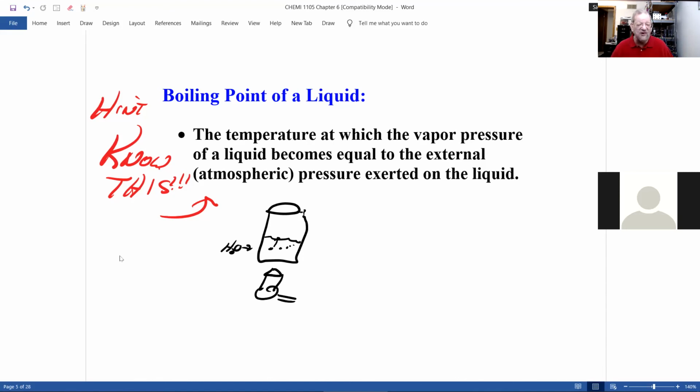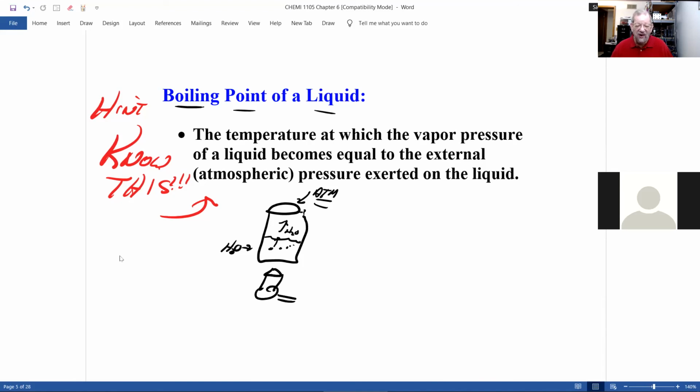And they give off what's inside the bubble, which is water in the gas state, water vapor. And that's a gas. And when the water vapor pressure is equal to atmospheric pressure, that temperature is the boiling point of the liquid, in this case, water.